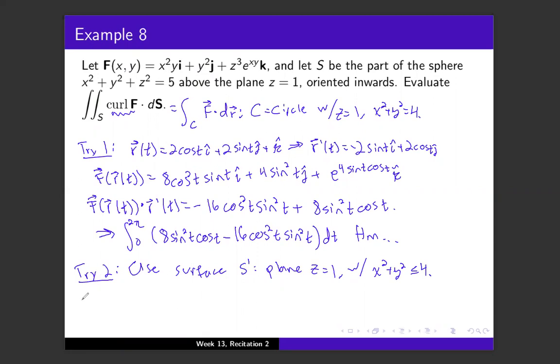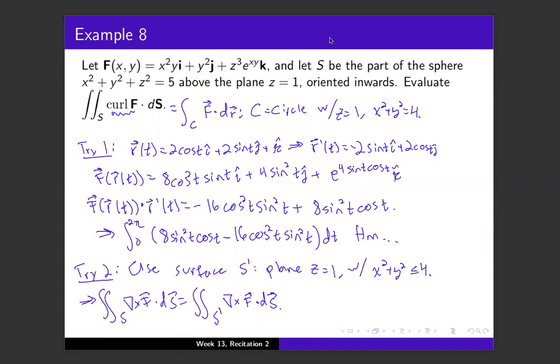Because what Stokes' theorem really tells us is that the double integral over S of the curl of this thing is the same thing as the double integral over the curl of this other surface, and possibly a better one. Let's see what happens in that case.